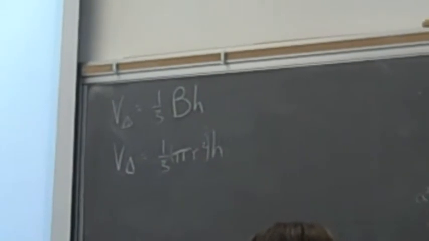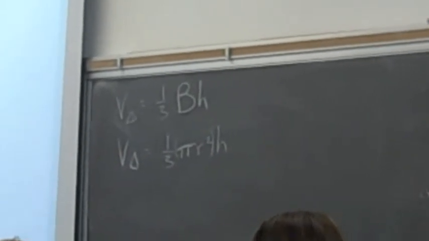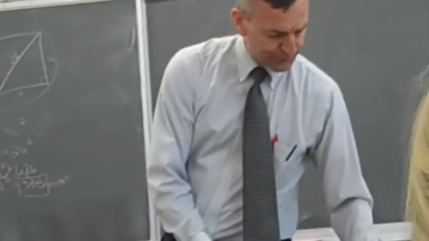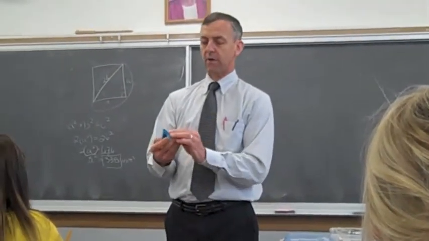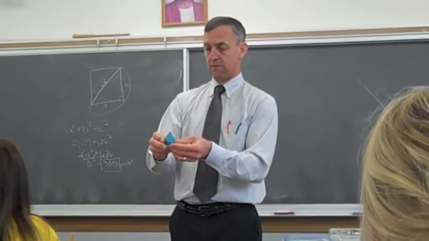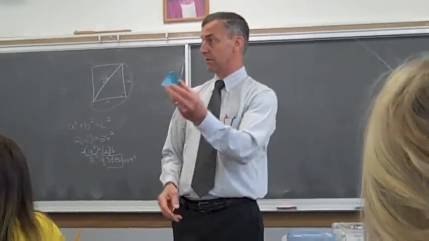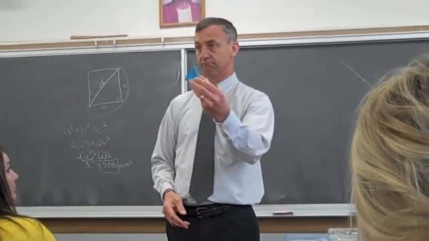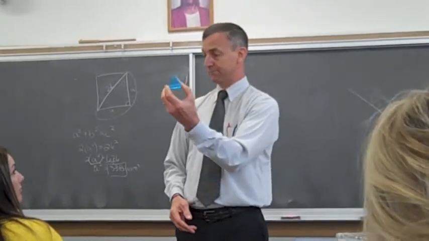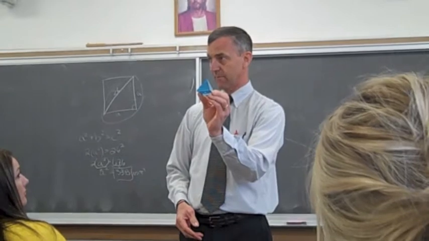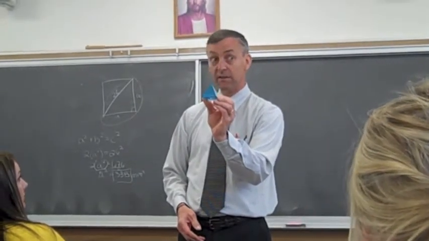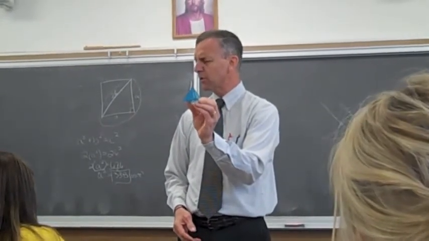Questions about pyramids? Would you be able to find the surface area of a pyramid? How would you do it? This particular one here. Make a net. What would the net look like?